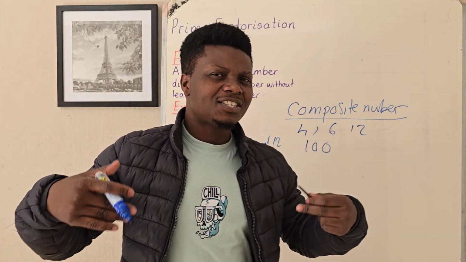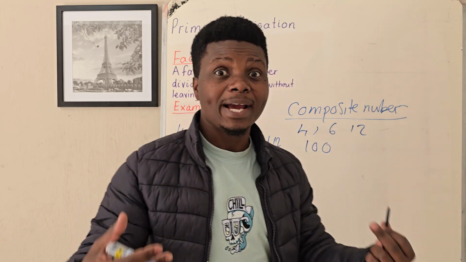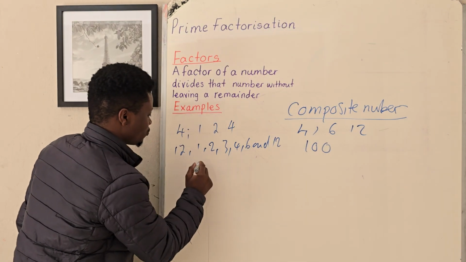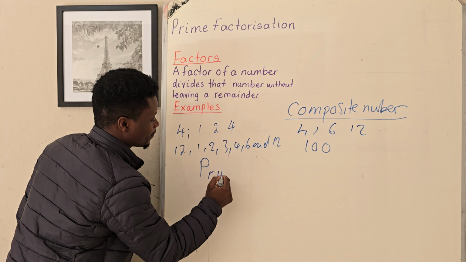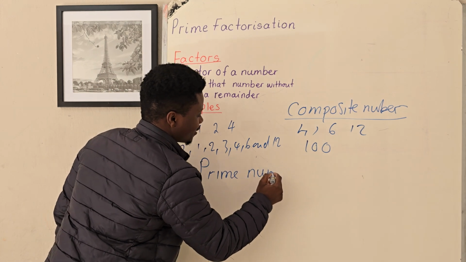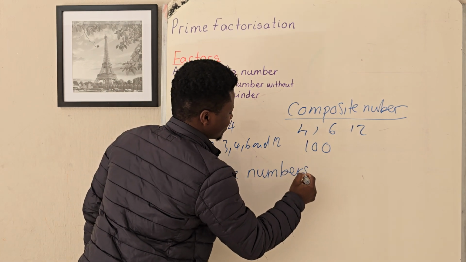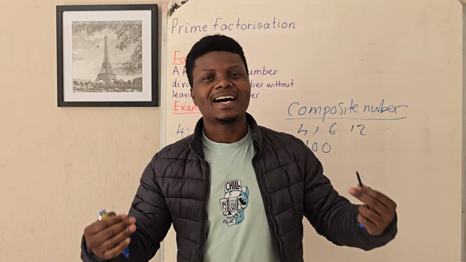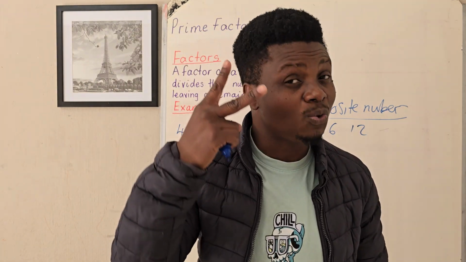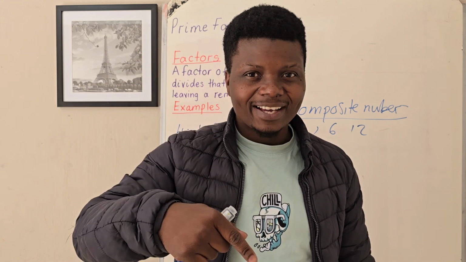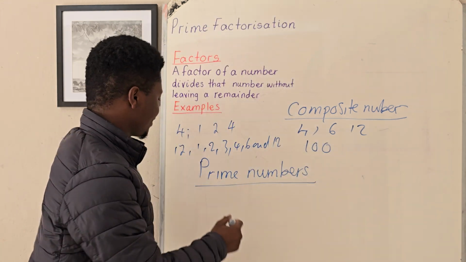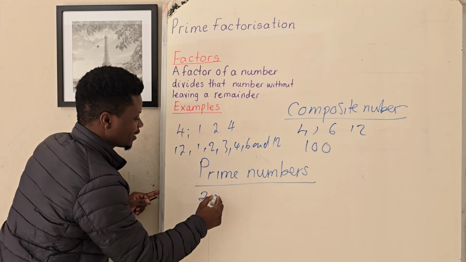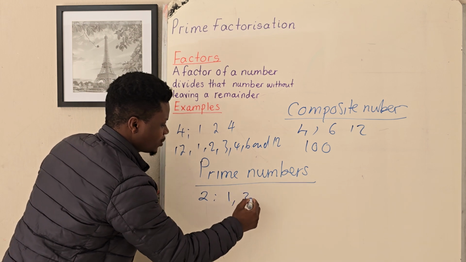Then we have certain special numbers that we call prime numbers. So what are prime numbers? This is what our lesson is based on. Prime numbers are numbers that have only two factors, 1 and that number. For example, factors of 2 are just 1 and 2.